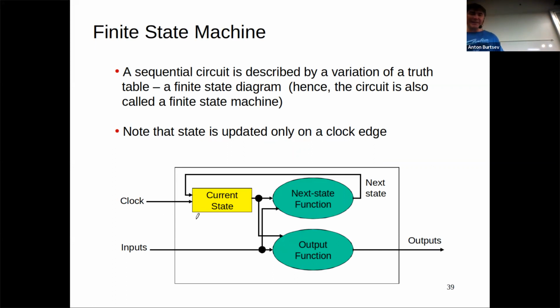What we have here is that we can implement any state. We can remember it as a group of flip-flops. To remember the state, we need to provide a clock signal here, and we can design a function which updates the state.